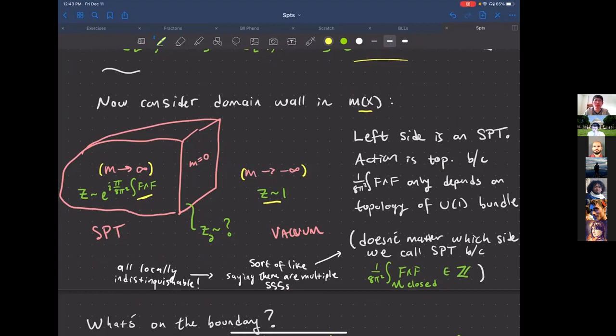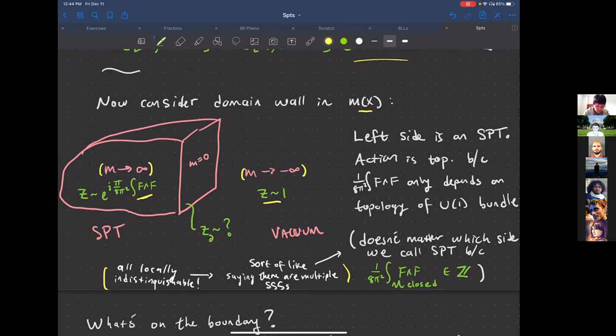Let me explain these comments that I wrote down here. This comment is saying that the situation we find ourselves in is sort of like having multiple superselection sectors. A superselection sector is like one of a collection of ground states for a spontaneous symmetry breaking state.